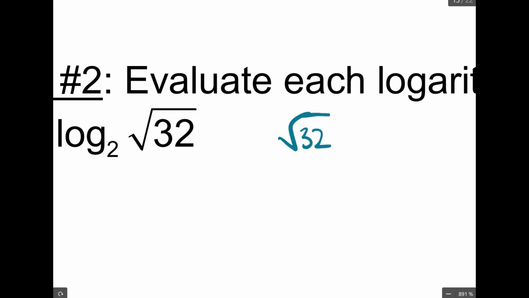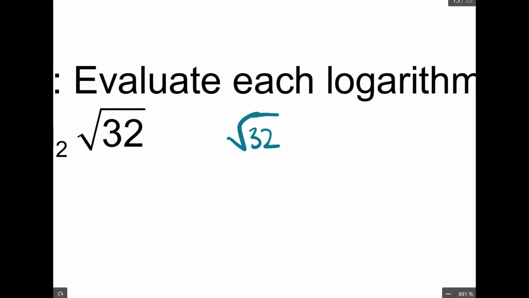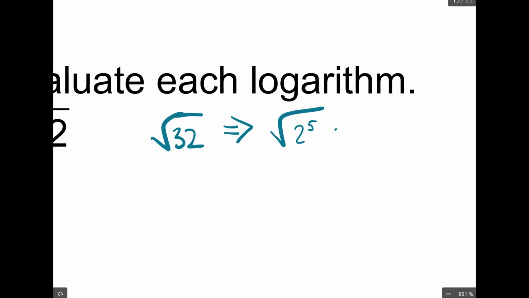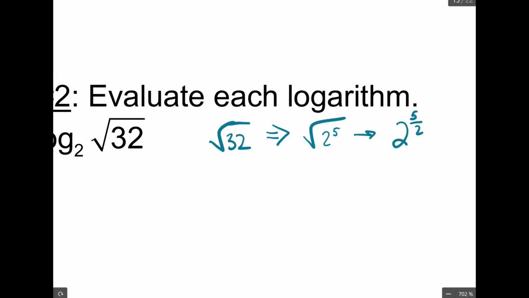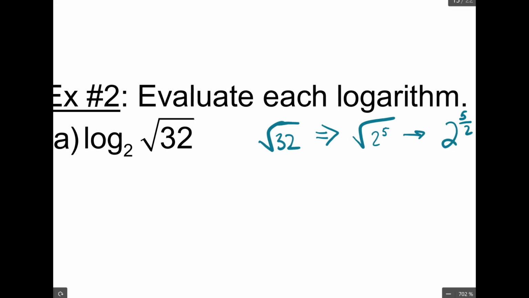That's not a nice square number, but I could rewrite this as the square root of 2 to the 5th, because 32 is 2 to the 5th. So this is the same thing as 2 to the 5/2, a rational exponent. The square root is the same thing as putting it to the 1/2 power.